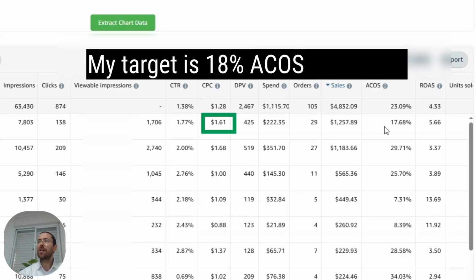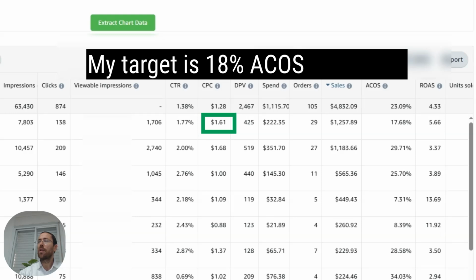if my target ACOS for this group is basically 18%, so this cost per click is really what I want to get. The problem is that some of these clicks are actually coming from top of search and not really contributing to my sales so much, and the rest of search are basically subsidizing those clicks.